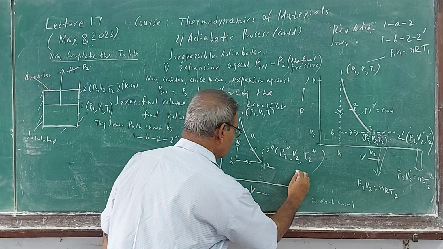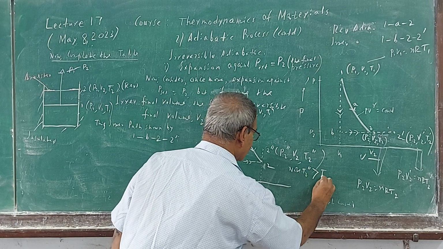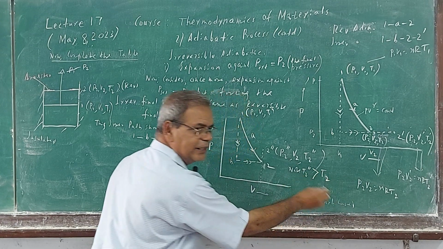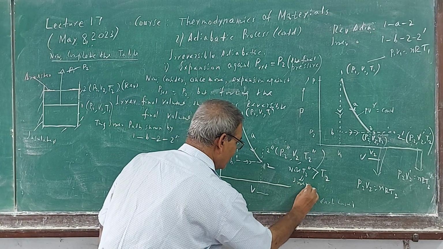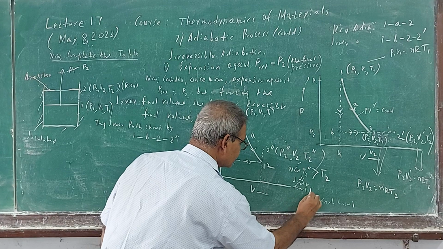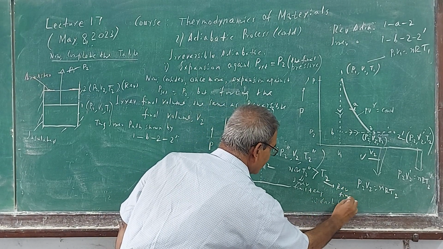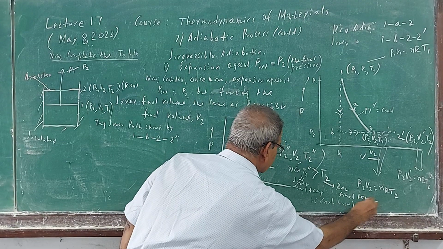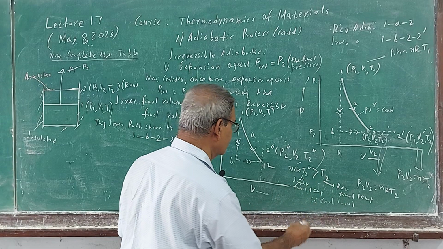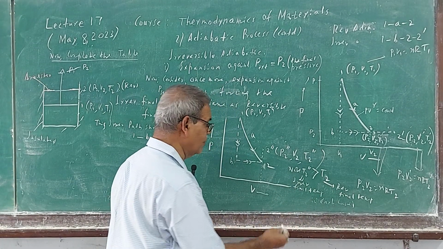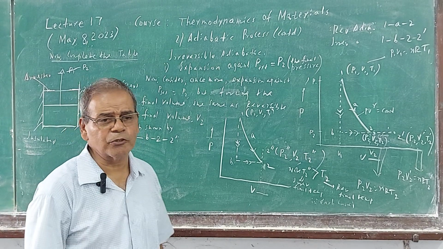Note that T2 double dash is greater than T2. Irreversible final temperature, reversible final temperature. Happy? Very good. And also, since the volume is the same and the temperature greater, it means, hey, what are you doing here?